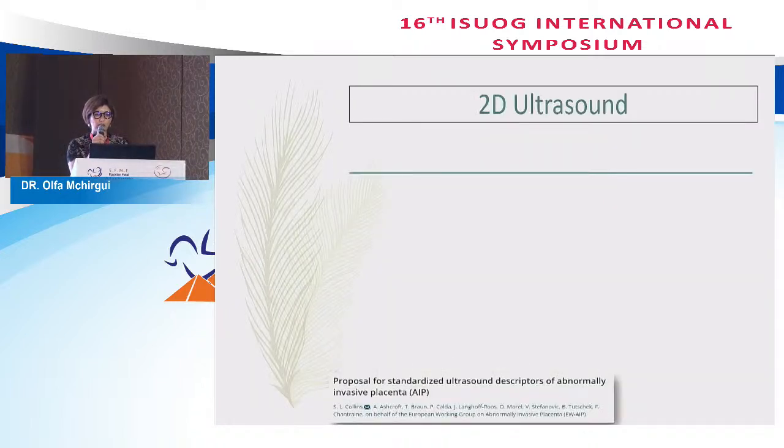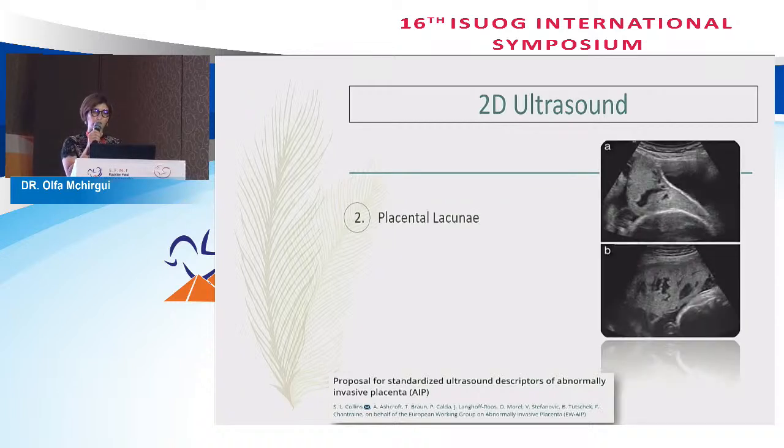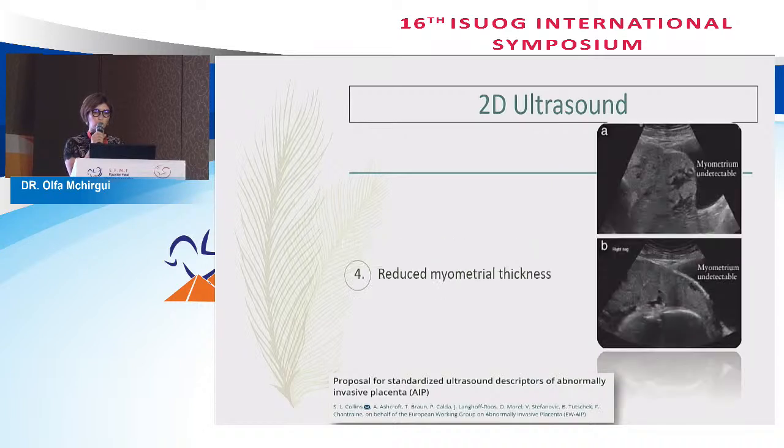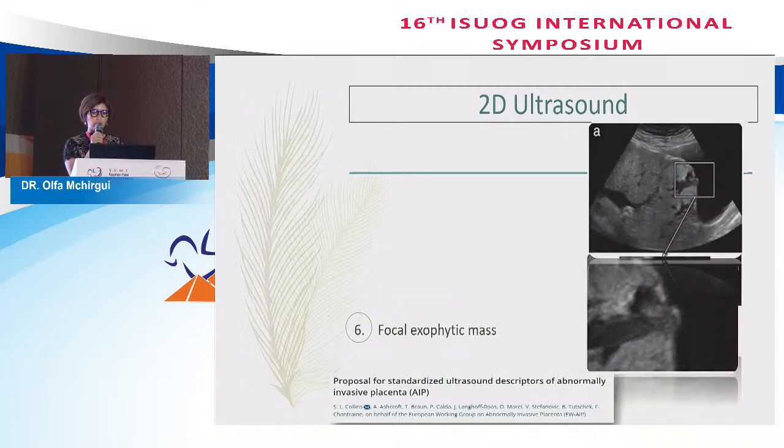So, as for the diagnosis of abnormally invasive placenta, there was a proposal for standardized items, such as the absence of hypoechoic line, the presence of placental lacunae, bladder wall interruption, reduced myometrial thickness, placental bulge, and focal exophytic mass.